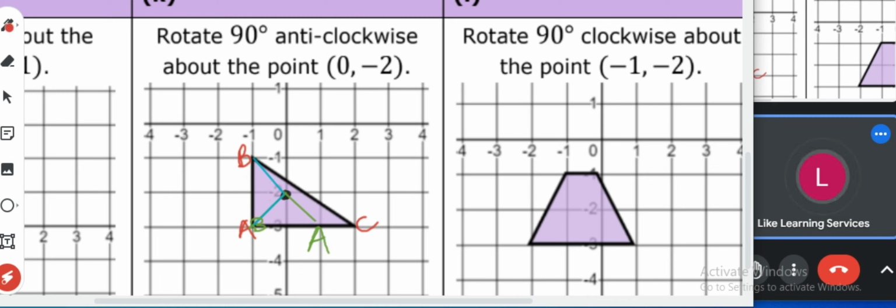Finally, C. Use maybe a red marker for C. Good. So rotate 90 degrees anti-clockwise also from C. Anti-clockwise we go like this.